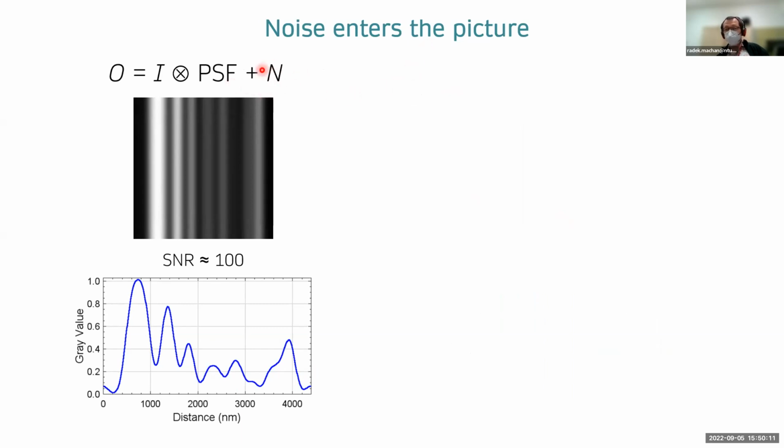So let's add a little bit of noise to our simulated observed image. We don't have to overdo it. Here the signal to noise ratio is about 100. This is something you don't get every day. You might have lower signal to noise ratios in most cases. So let's do the same thing.